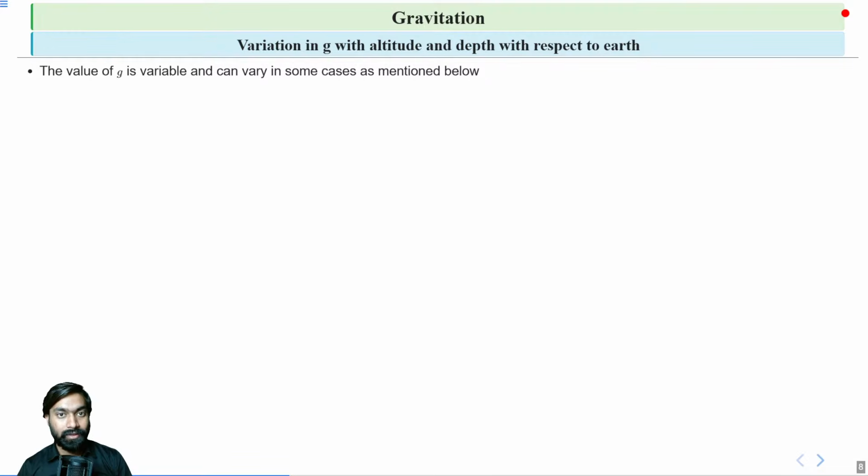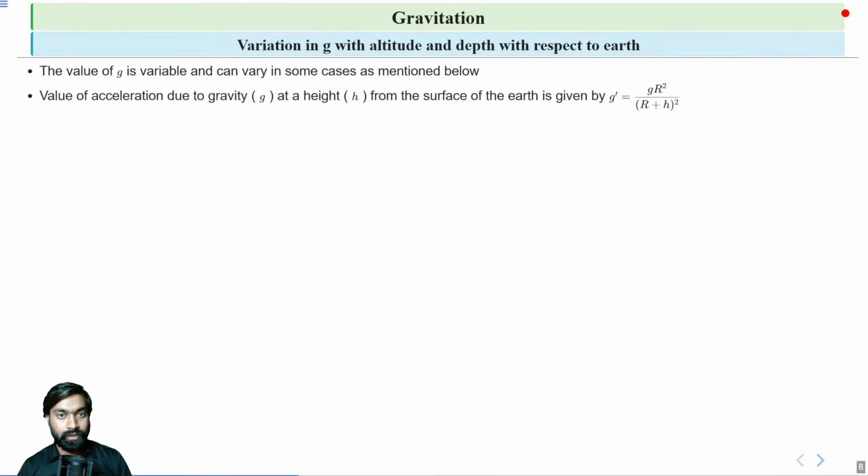Let us see the cases. First, the value of acceleration due to gravity at a height h from the surface of the earth is given by g prime equal to g into R square divided by R plus h whole square.